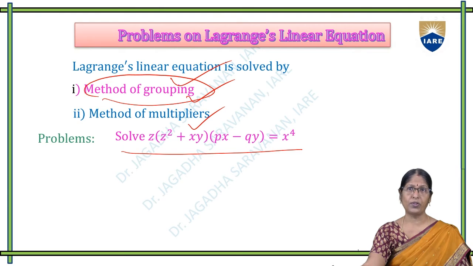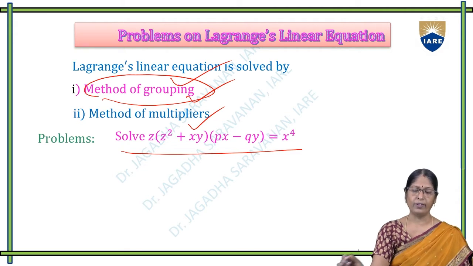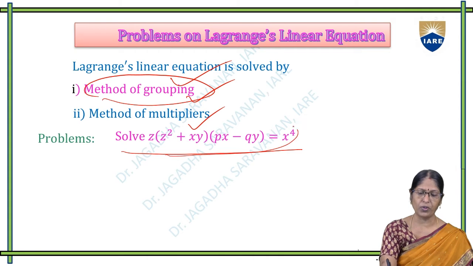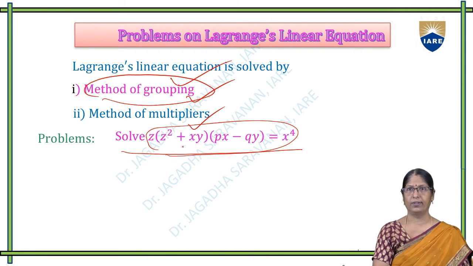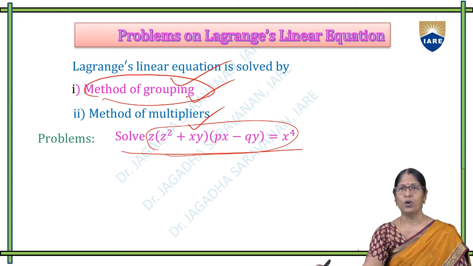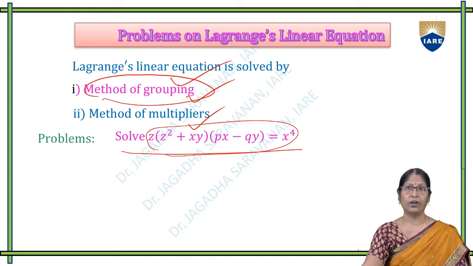The given question is not in the format of Lagrange's linear equation, that is Pp + Qq = R. So we have to modify our question to the format of Lagrange's linear equation.